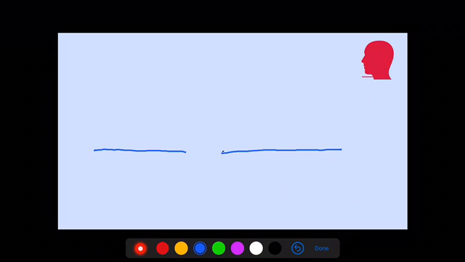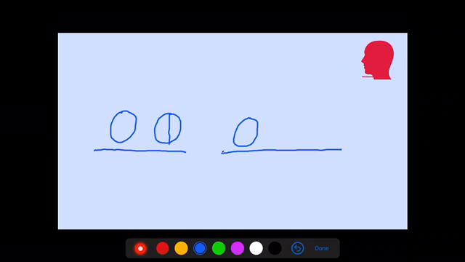Let's think about the sounds in each syllable. I could hear m and I could hear a. Long line. Mat. I can hear m, I can hear a. Short line. And I can hear t.